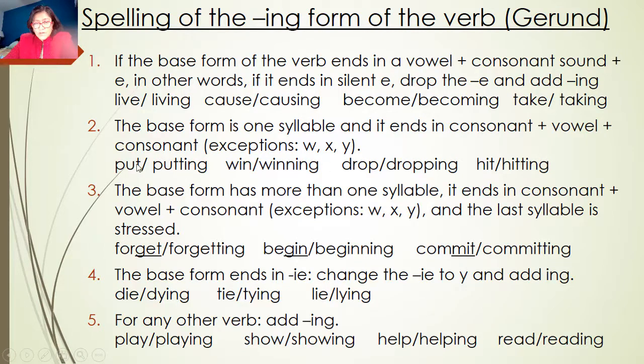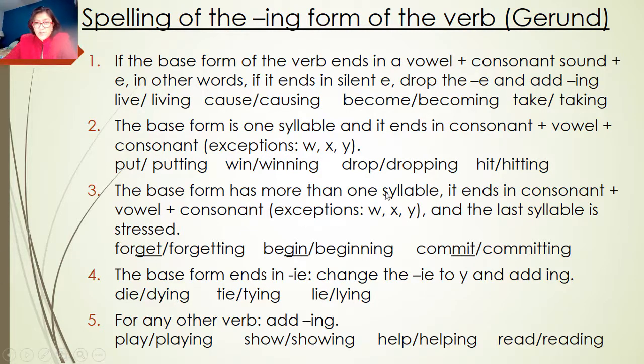We have to double: consonant, vowel, consonant, double the T; consonant, vowel, consonant, double the N; consonant, vowel, consonant, double the P, etc. Winning, drop, dropping, hit, hitting. Consonant, vowel, consonant, double the consonant. I repeat that a lot because that's how I remembered it. I remember a teacher that was always repeating it. So that's how I remember it.